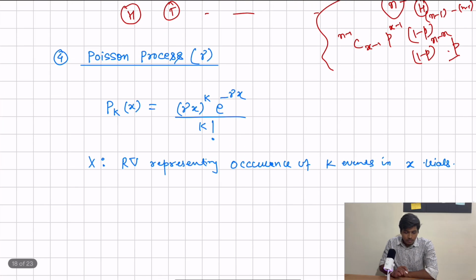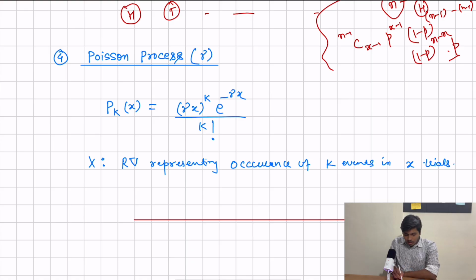Now come to the Poisson process. Let's consider x a random variable representing the occurrence of k events in x time. You can say that, let's say, at every minute on a road there is a probability of having an accident. So this is the first minute, second minute, third minute, fourth minute, and so on.